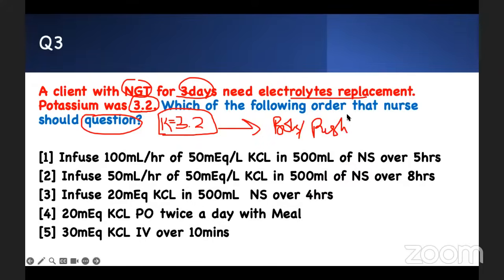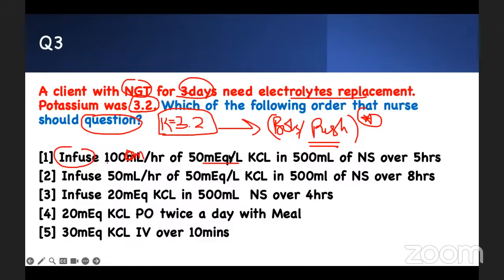That's all. This is the principle of potassium replacement. You never push IV potassium. So don't give it IV directly. This is an infusion. The potassium, I make it so complicated. That means you have what?